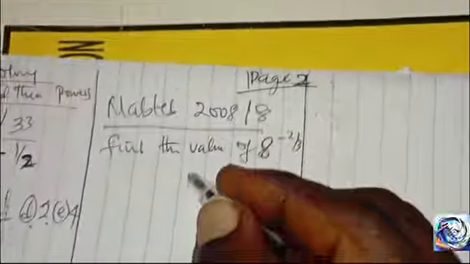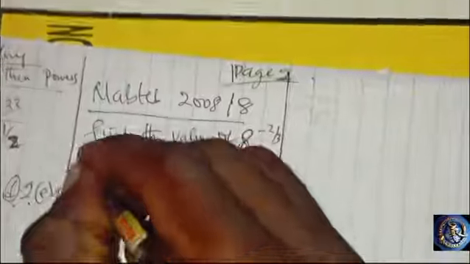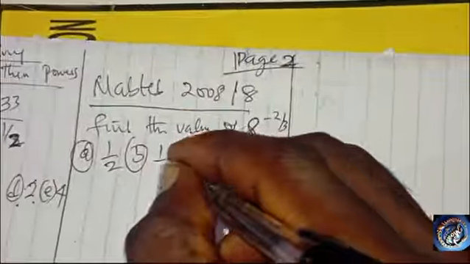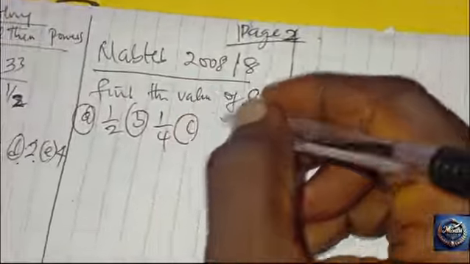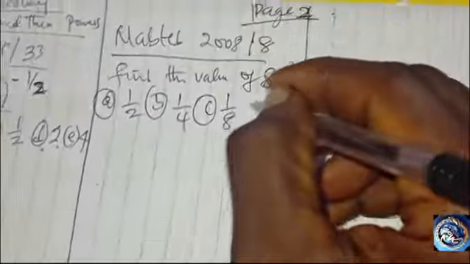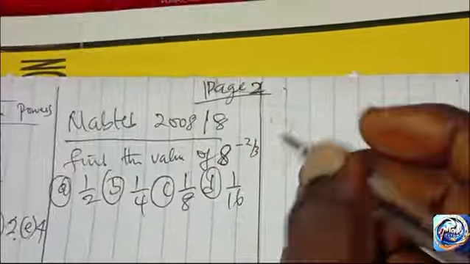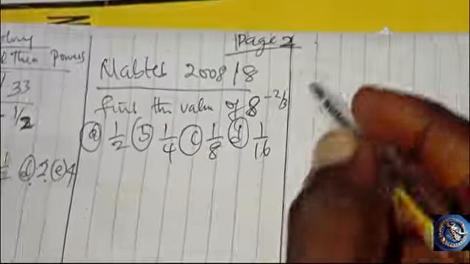They give us the options: A, 1 all over 2, B, 1 over 4, C, 1 over 8, D, 1 all over 16.